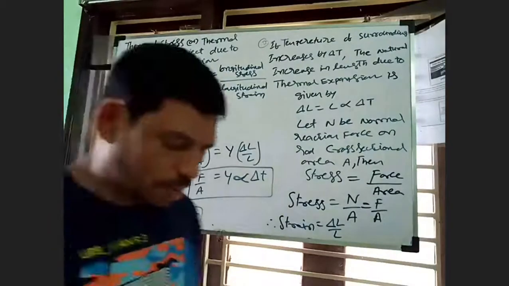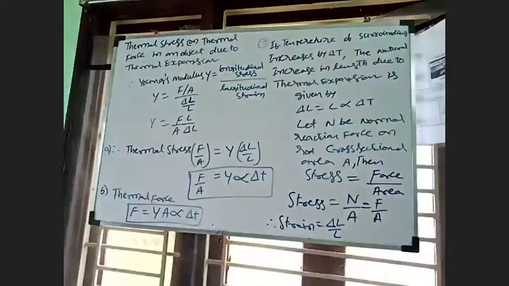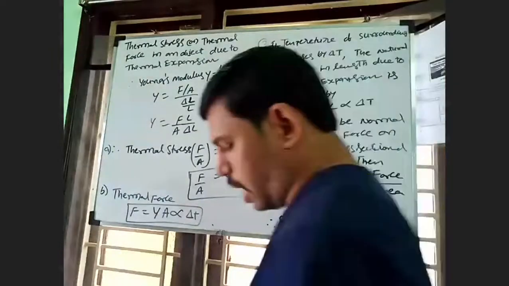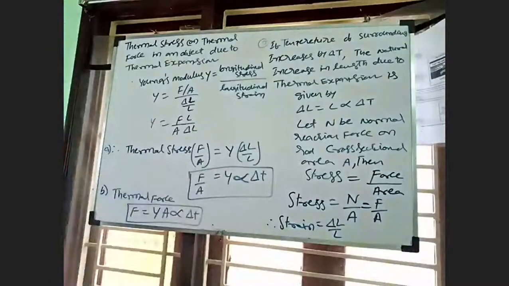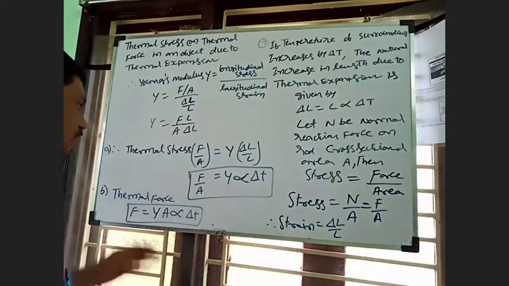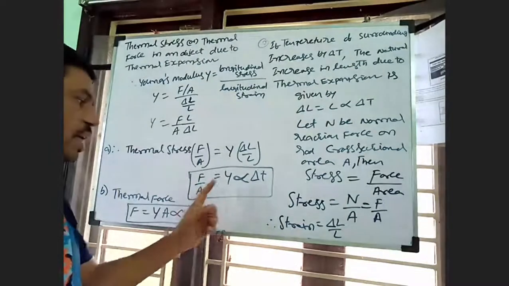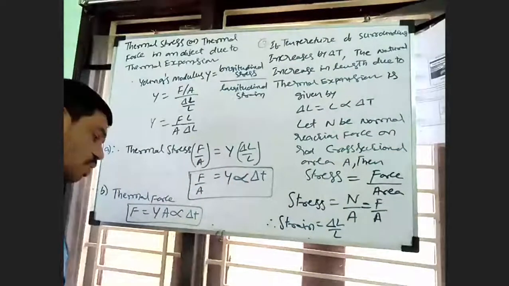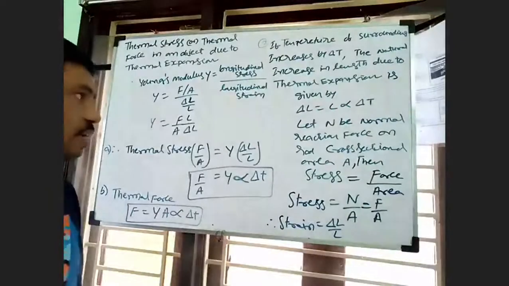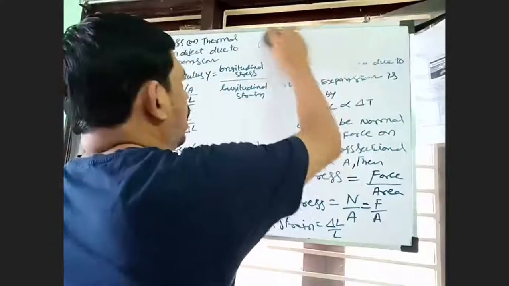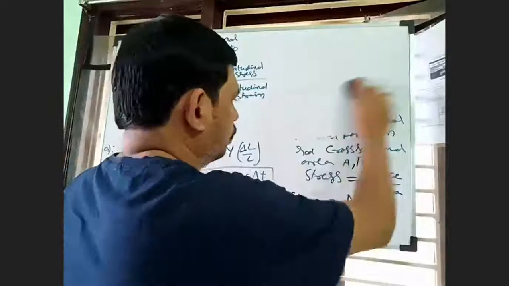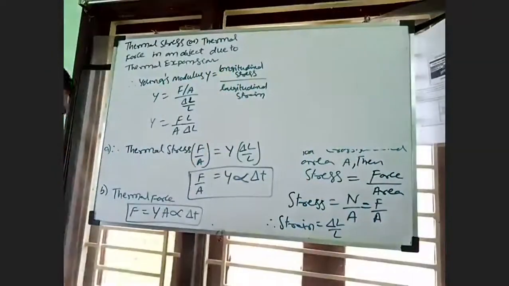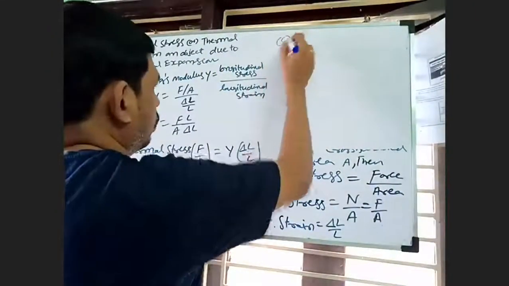Thermal force formula is F equal to Y A alpha delta T. Thermal stress formula: F by A is equal to Y alpha delta T. Thermal force formula: F is equal to Y A alpha delta T.